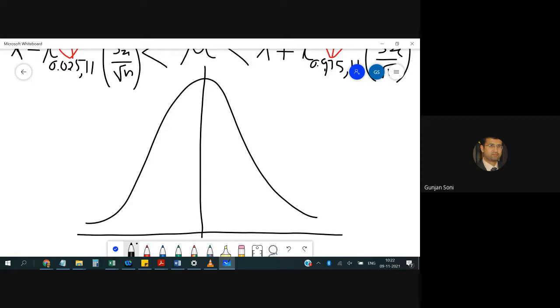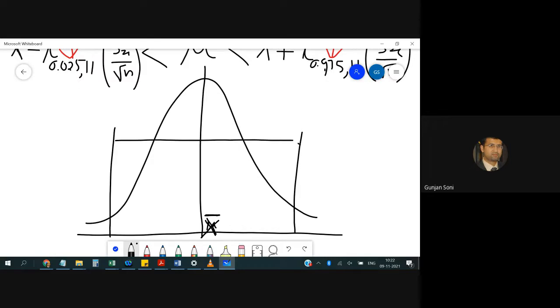So this is the mean value x bar, which we have found out, and it is supposed to be representing mu, the population mean. The question says that you have to find out the 95% confidence interval.